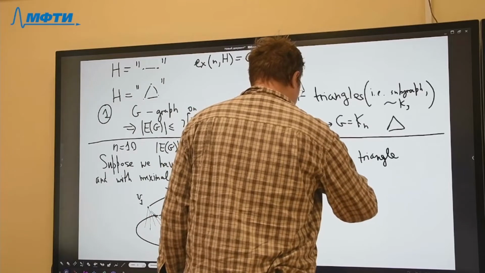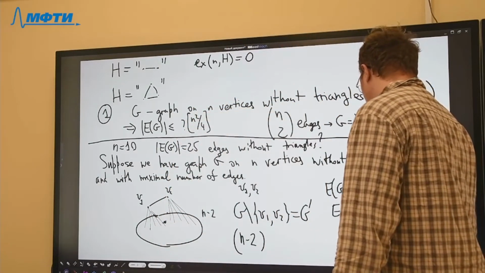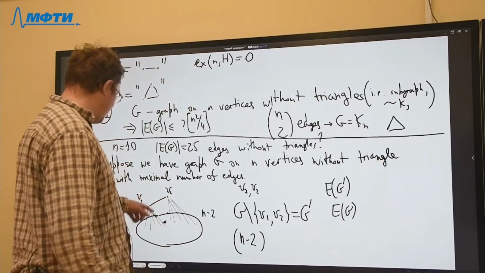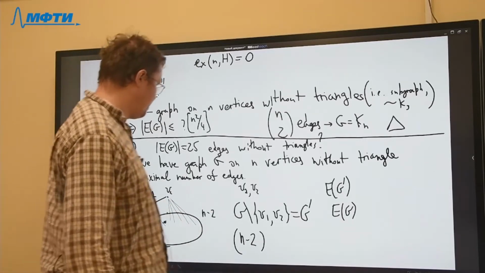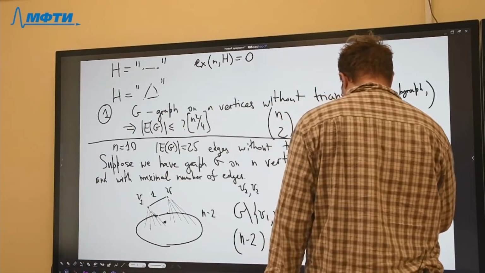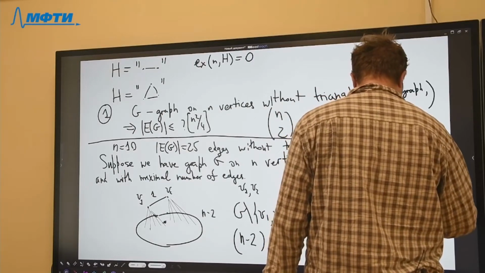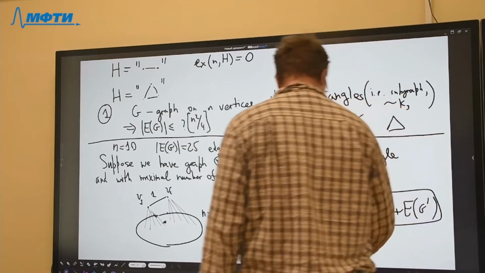And we have restrictions on the number of edges in graph G. So we have one edge E here and no more than n minus 2 edges here. So we have this inequality.